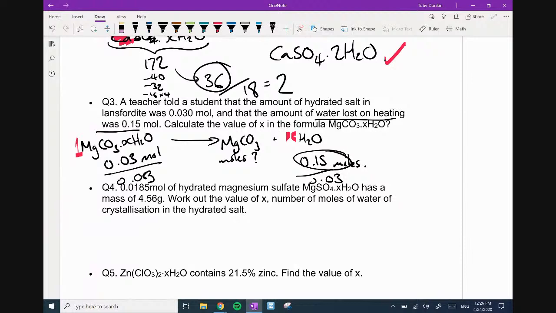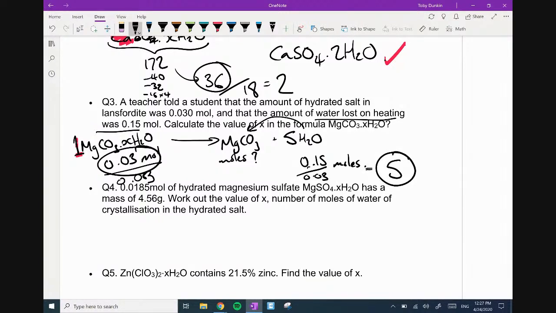So what that means is, if I divide that by 0.03, what I realize is that there is 5 times the moles of that one. So that means that for every one of these, the water produced will be 5, giving us the mole ratio.